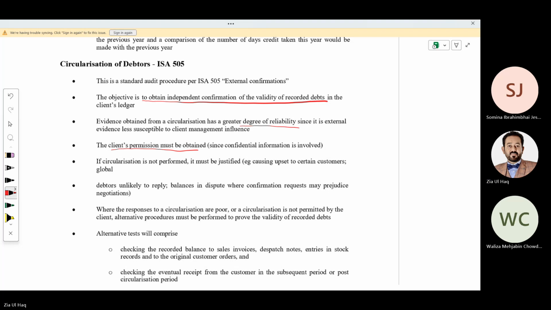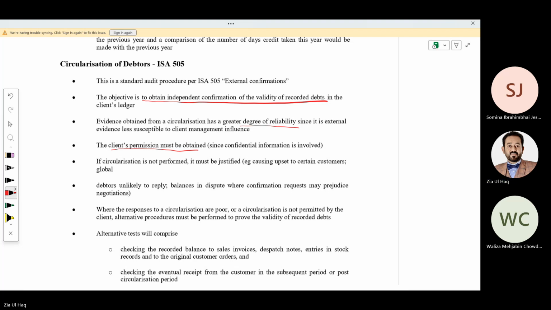Why? Maybe the customer is a foreign customer, and confirming the balance from a foreign customer will require some additional cost. Due to that heavy cost, we are unable to confirm the balance. Or we send a confirmation letter to the customer, but he didn't reply. And if he didn't reply, this means the balance is not confirmed.